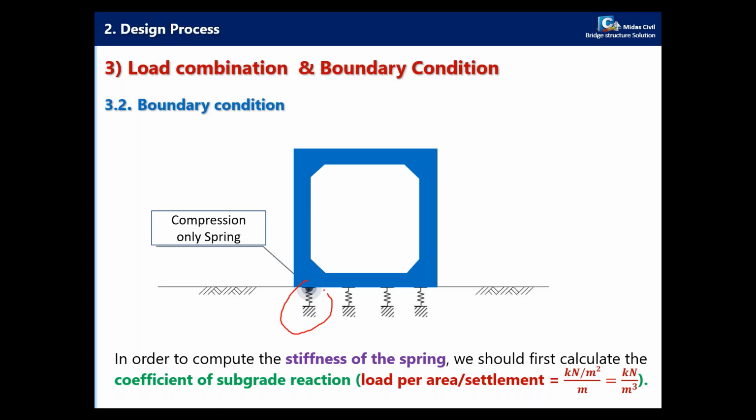You need to understand how it functions, then you will apply the load very well. To explain briefly, with this compression only spring, the load is applied here on the top, but in this part, if you apply the load in this direction, you will get a wrong answer. So you need to be careful.